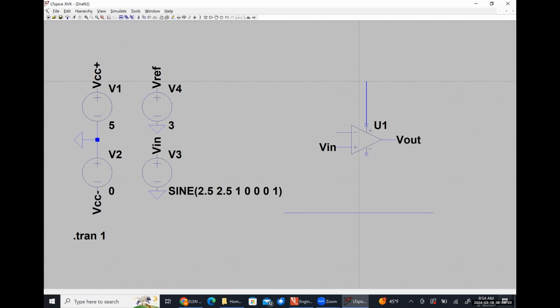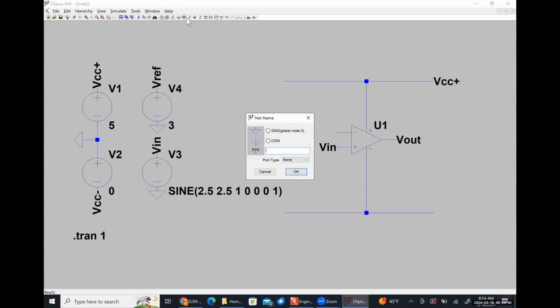I'm going to connect the positive power supply to this top rail and the negative supply to this bottom rail. And then I'm just going to reuse those labels, VCC plus and VCC minus. Like so.